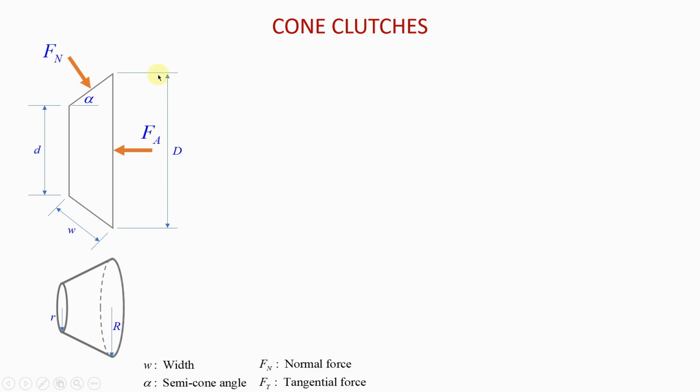With cone clutches, you also have another force, which is referred to as the normal force. That one acts perpendicular to that face of the cone. You also have the tangential force, which is responsible for the torque. In this case, the tangential force will be into the page, if we assume that this cone was rotating like this.